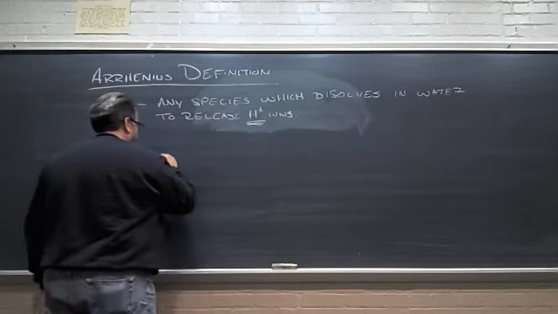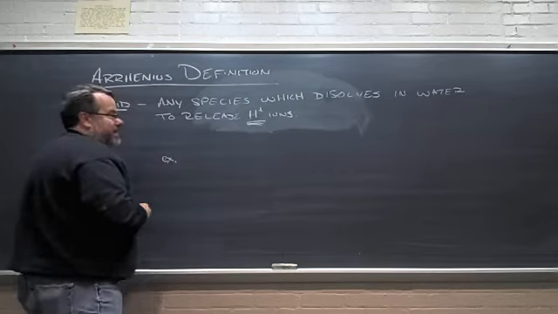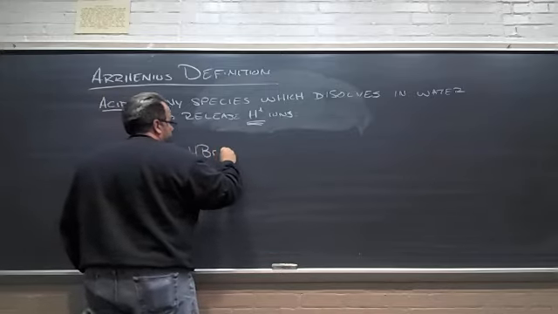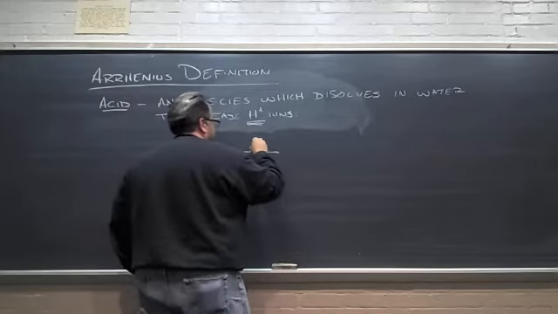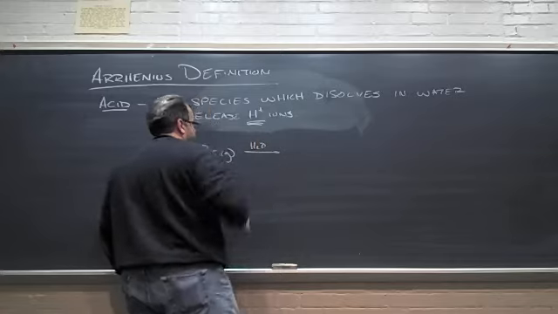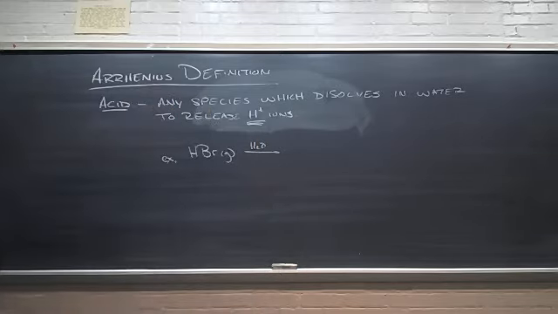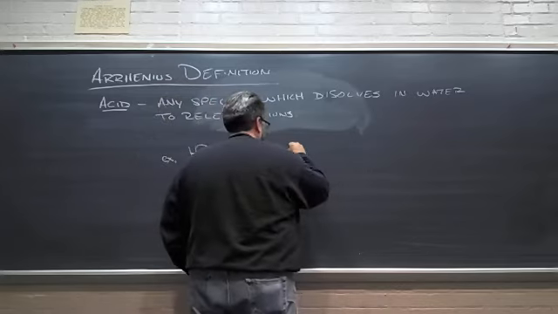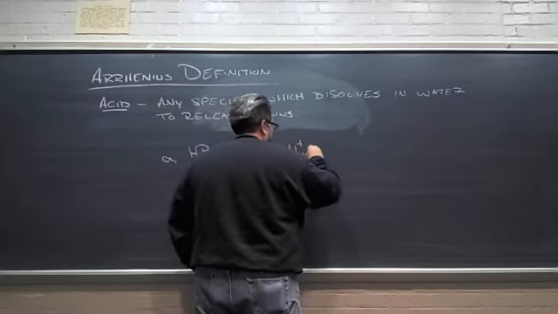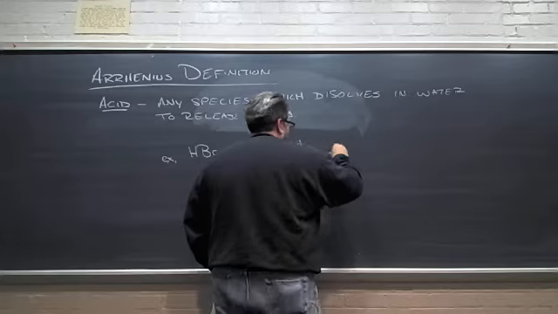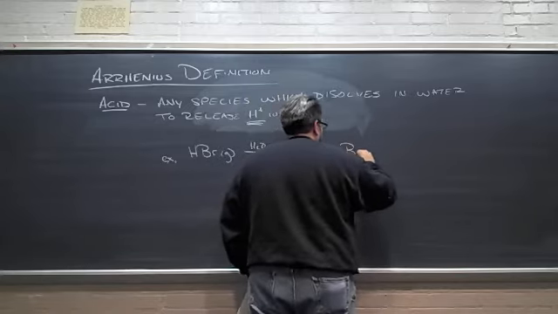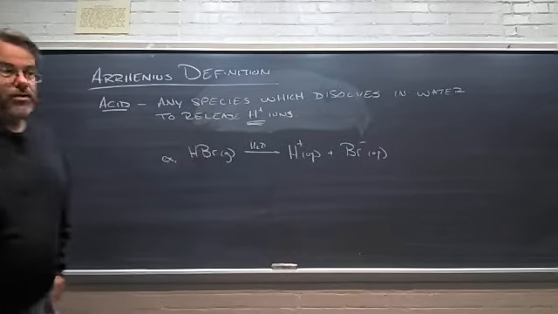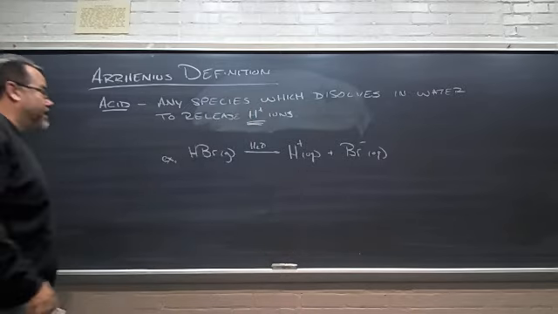And so a typical example would be something like hydrogen bromide. Hydrogen bromide is a gas, but when you dissolve it in water, it breaks apart to give you hydrogen ions and bromide ions.